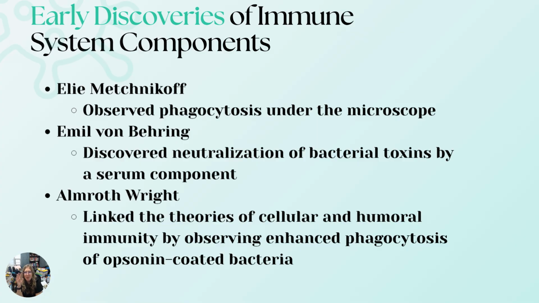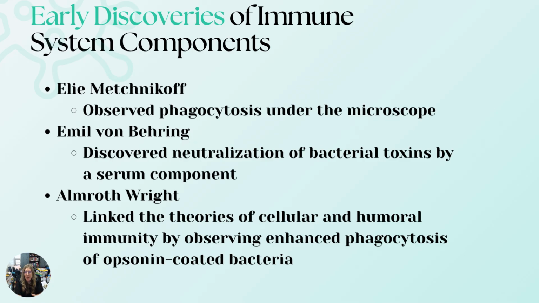Then researchers really started asking why. Why does this happen? Metchnikoff observed phagocytosis, giving us evidence that cells physically participate in host defense. Von Behring demonstrated that something in serum could neutralize bacterial toxins, and now we have evidence for a soluble or humoral component.